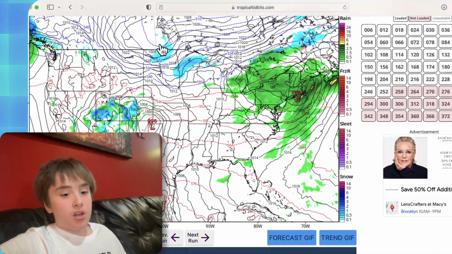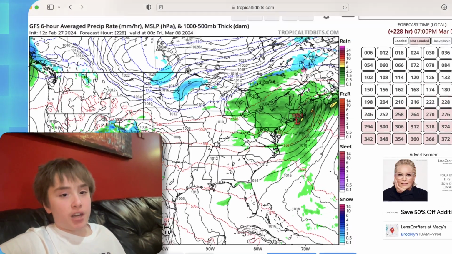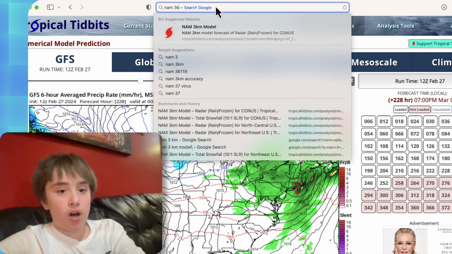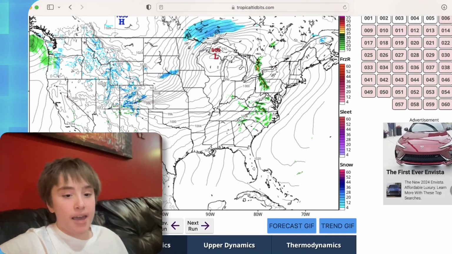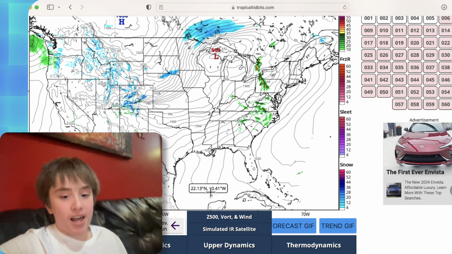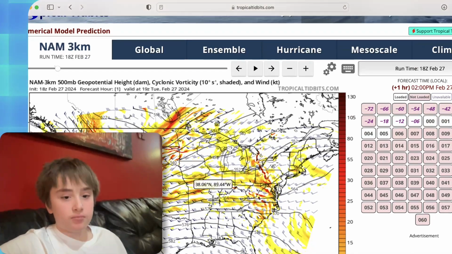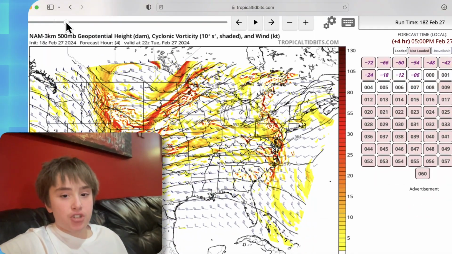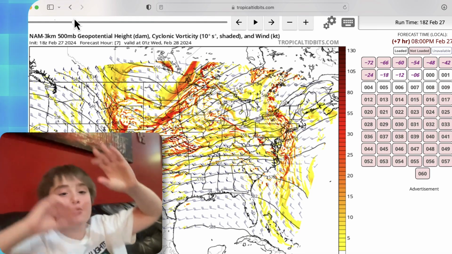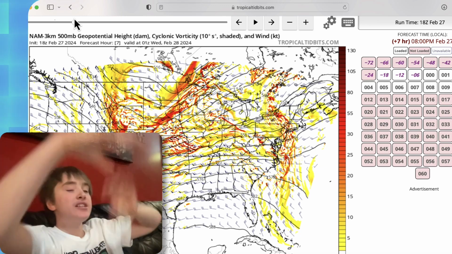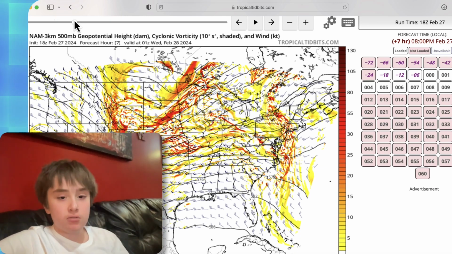Now, one more thing I want to show you, just one more thing, is the upper levels. Why am I showing you the upper levels? Well, it's kind of necessary because this shows how much wind is in the atmosphere, and since there's more wind, that means there's more wind to spin and create tornadoes.